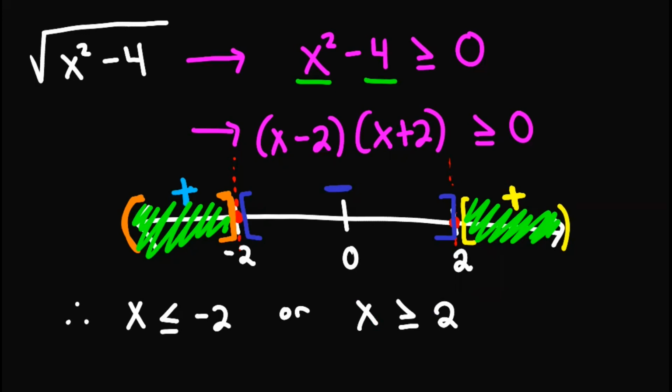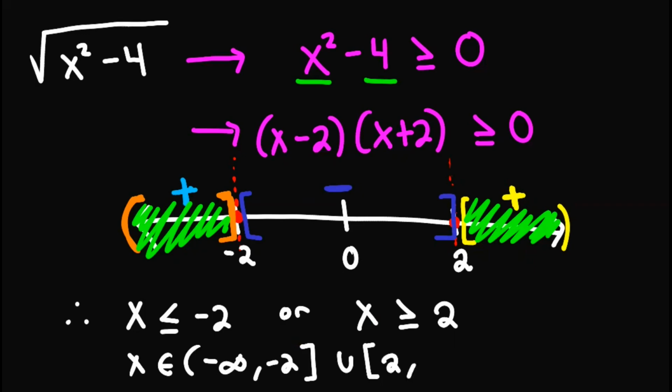Note that another way to write this is x is an element of -infinity, -2. Oops, 2 is included. Union 2 to infinity. So these are some essential things in inequalities, which again we'll be discussing in the future. But for now, you can try to digest this one as I move on to the last part of this video.